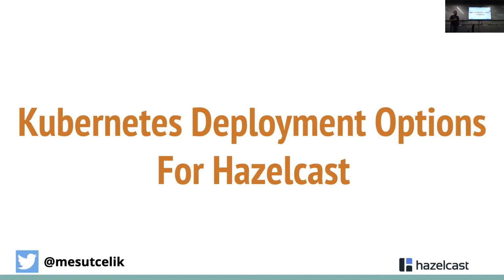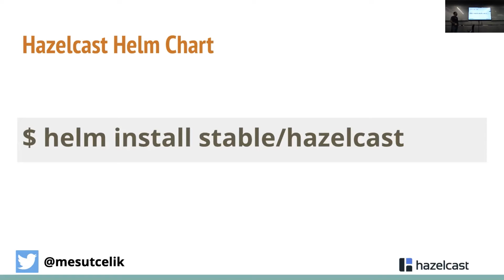So I've gone through the Hazelcast use cases and how you can use it in a Kubernetes environment, and you decided to use client-server. So how can you deploy Hazelcast into a Kubernetes environment? I'm going through some deployment options. One option is the Helm chart.